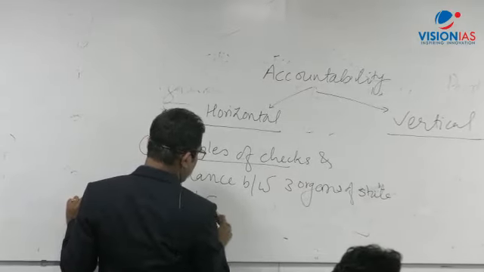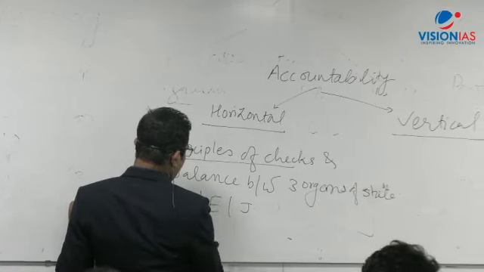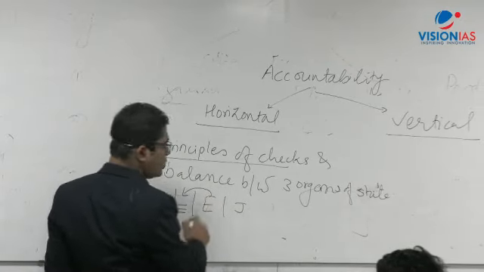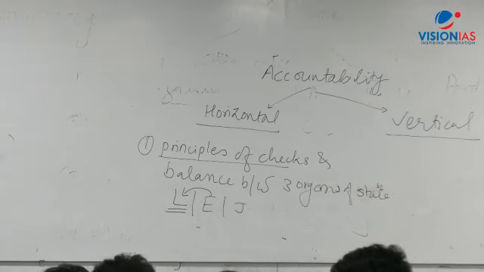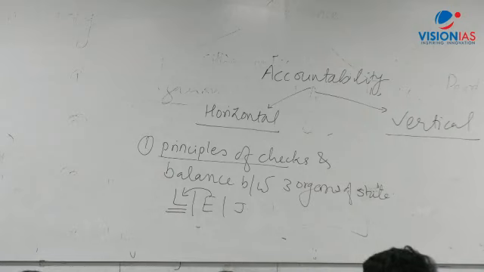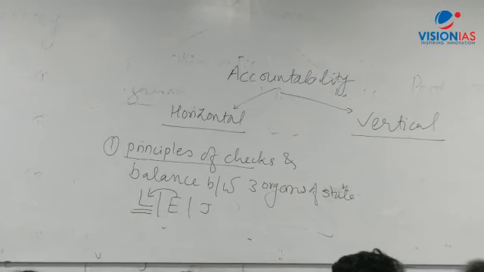That is, between the legislature, executive, and judiciary. The executive is accountable to the parliament. The Council of Ministers headed by the Prime Minister is responsible to the lower house of parliament. It means the lower house can pass a no confidence motion. They can ask questions in Question Hour, Zero Hour, short-notice questions.